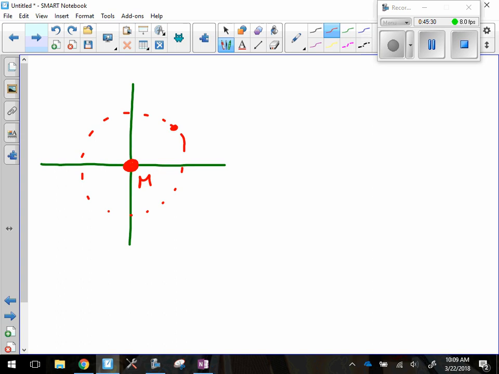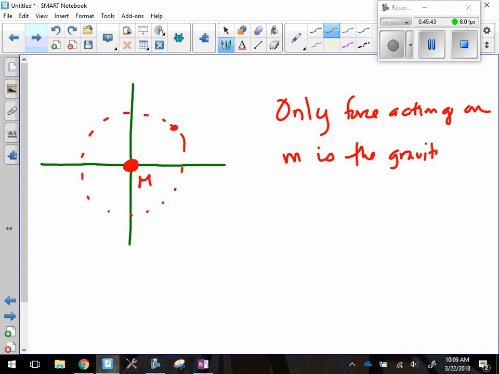Okay, so the only force acting on my little m planet is the gravitational force from big M. And they're going to be separated by some distance r. And if I want to make this into an ellipse, I can. It just makes the math a little more complicated, but it'll work.